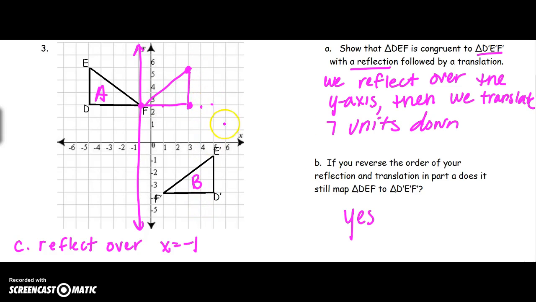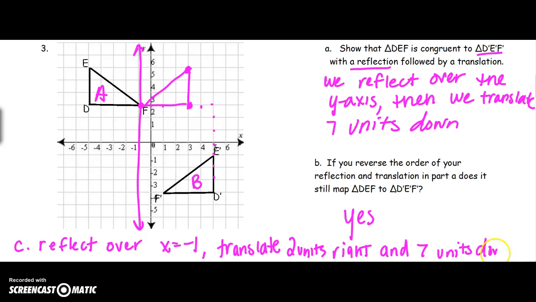Well, we would move right 2 units, so we would translate 2 units right. How many units down? We would go 1, 2, 3, 4, 5, 6, 7 again. And this will translate this whole triangle to triangle B and conserve the congruency.